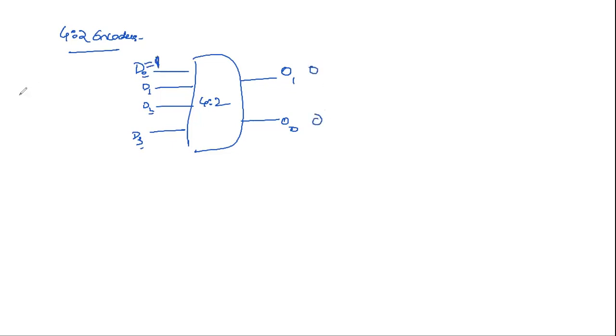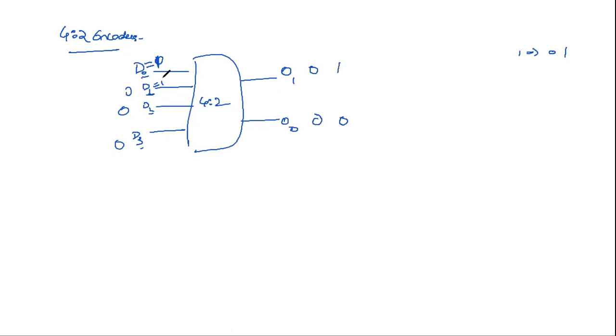Because the binary value of 0 is 0 0, and the remaining inputs must all be 0. If D1 is equal to 1 and the remaining are zeros, the binary value of 1 is 0 1.